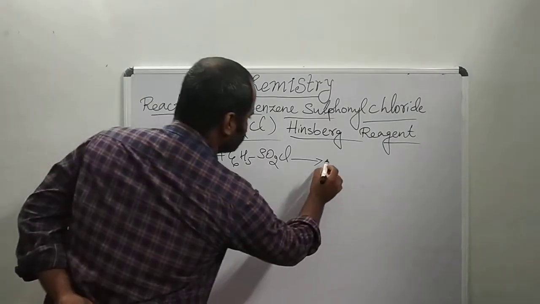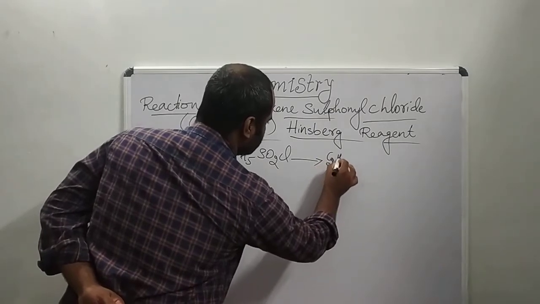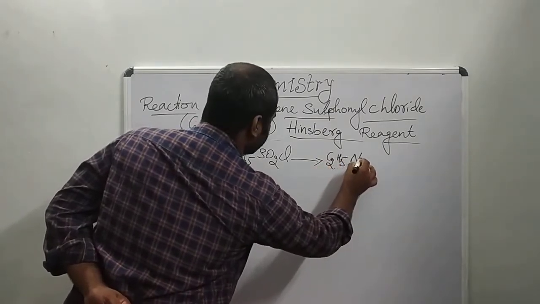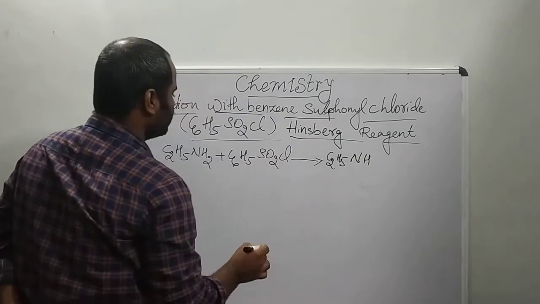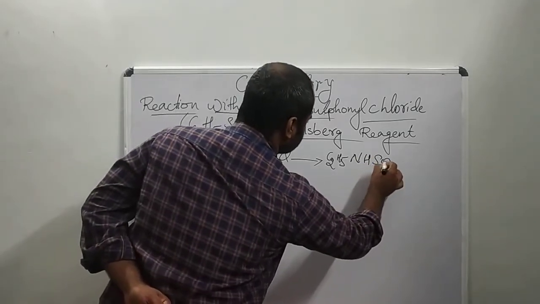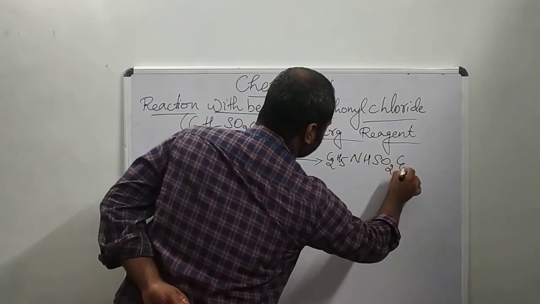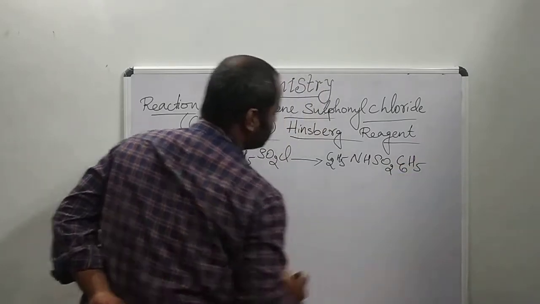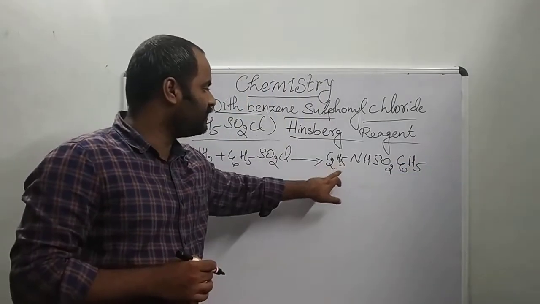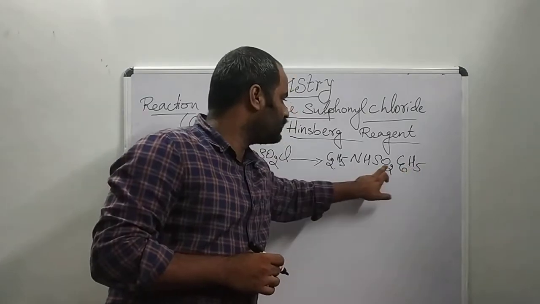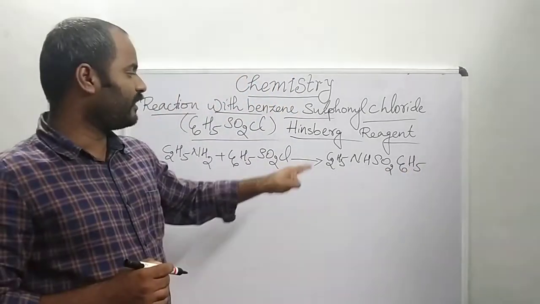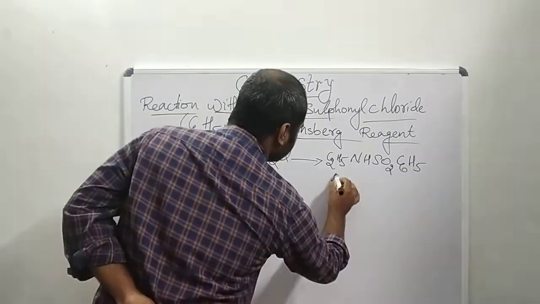That means C2H5NH SO2 C6H5. This is a product formed. This is N-ethyl benzene sulfonamide.